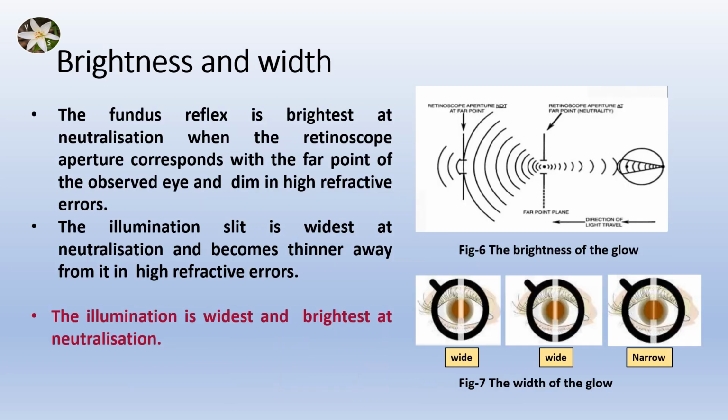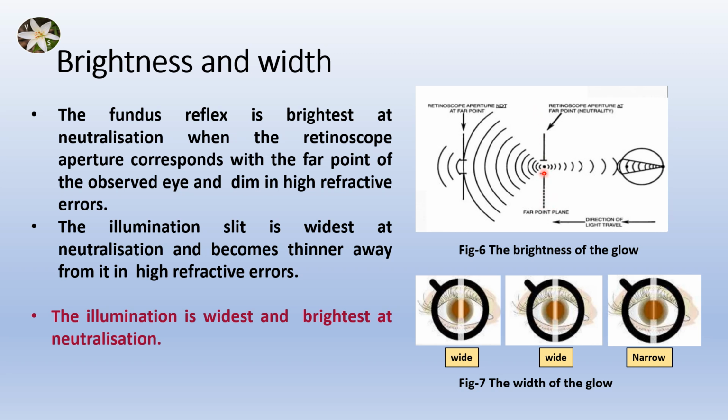The illumination or the reflex at the pupillary plane is the widest and brightest at neutralization. That means that the rays from the patient's eye are converging at the plane of the retinoscopic mirror.